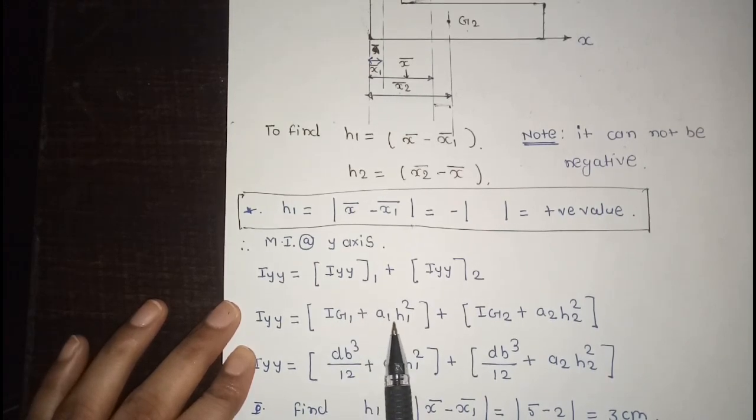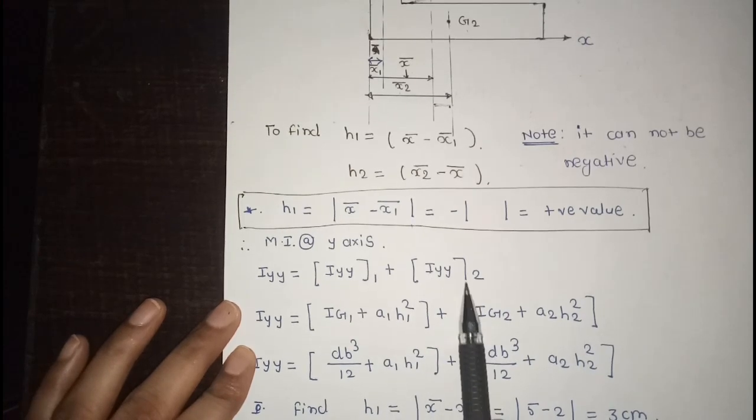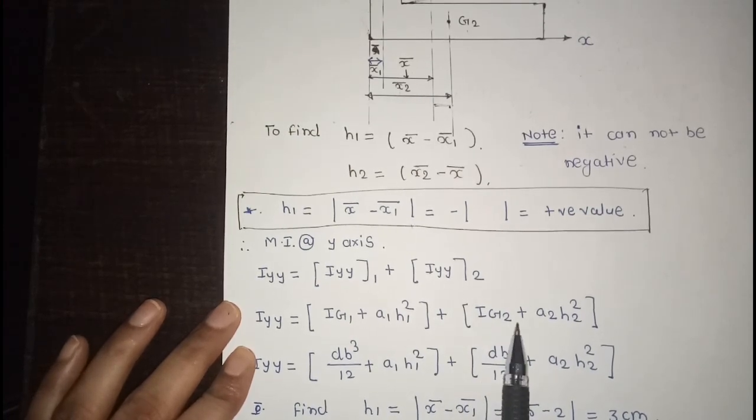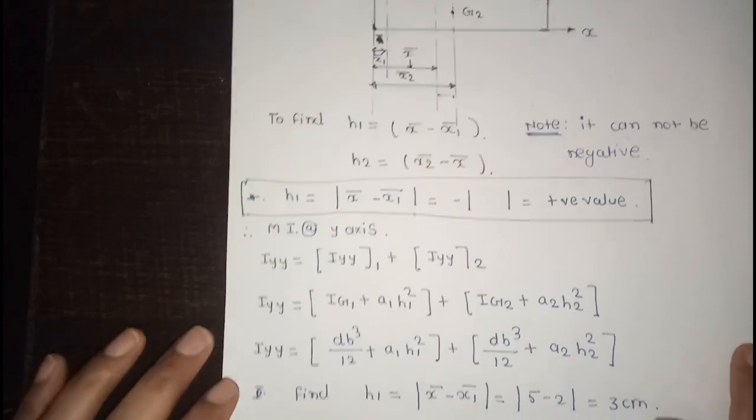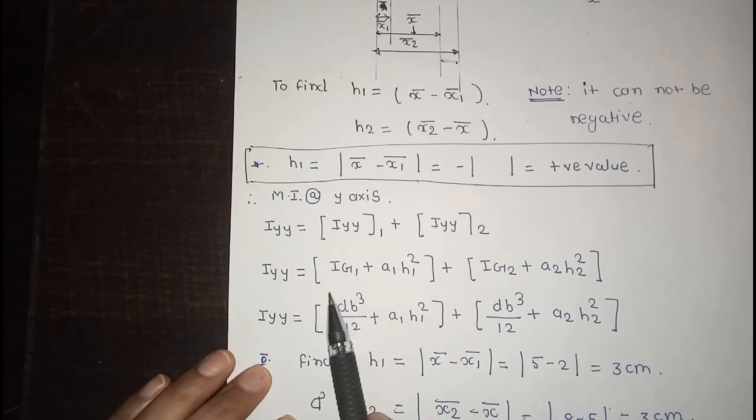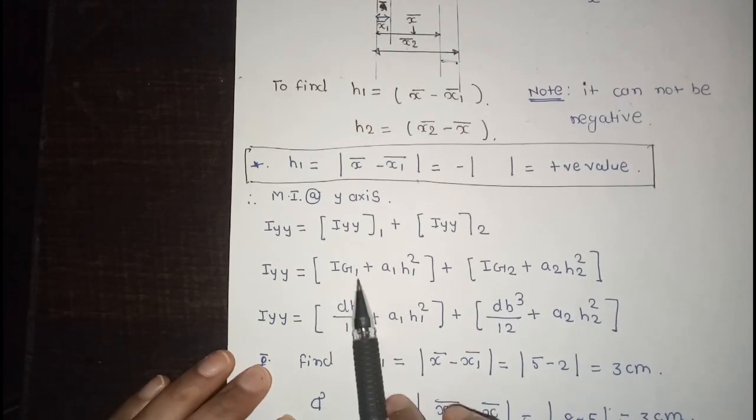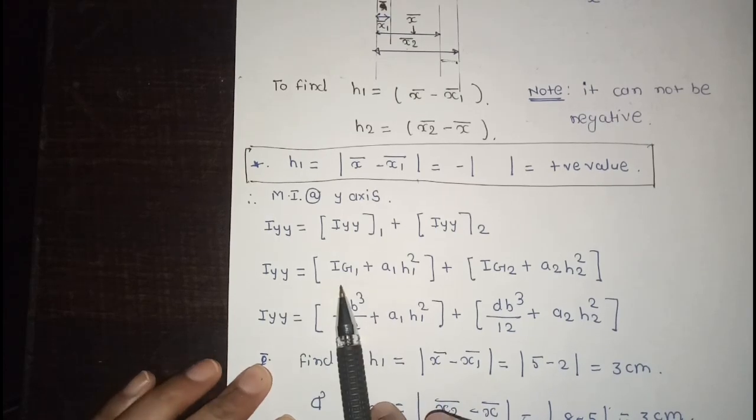Ig plus Ah square. This is the equation of the parallel axis theorem. For the first section, Ig1 plus A1h1 square, plus for the second section, Ig2 plus A2h2 square. So this is the moment of inertia about y-axis.